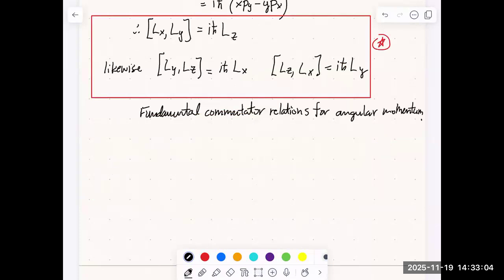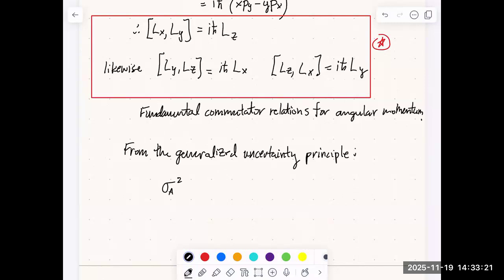So from the generalized uncertainty principle, which I'll write down again, it was sigma a squared, sigma b squared has to be greater than or equal to 1 over 2i, expectation value of the commutator, squared.